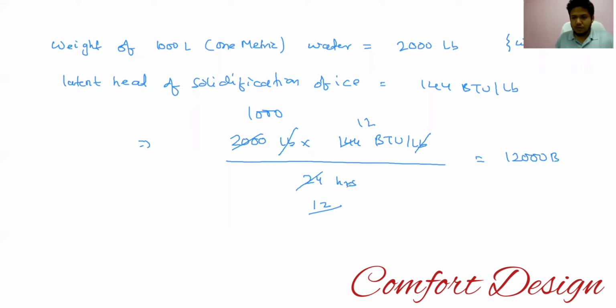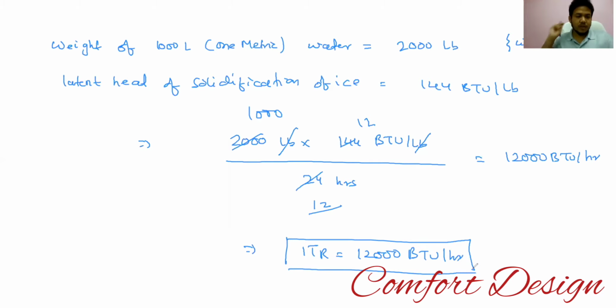This is BTU, this is hour, so BTU per hour, hence 1 TR equal to 12,000 BTU per hour. Okay, so in this way it can be derived.